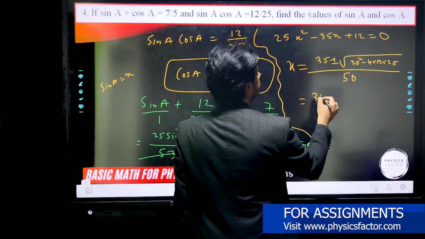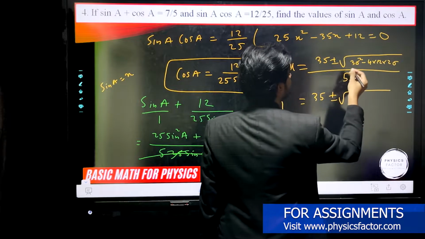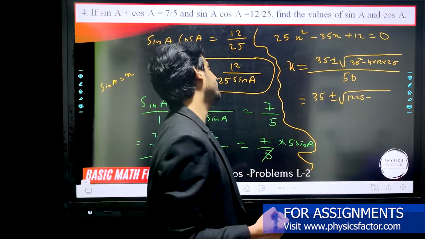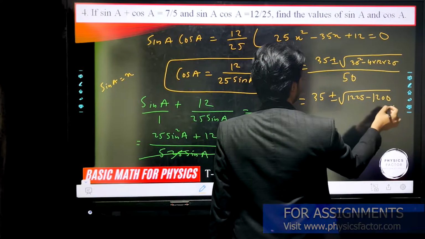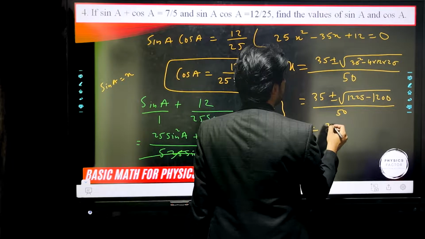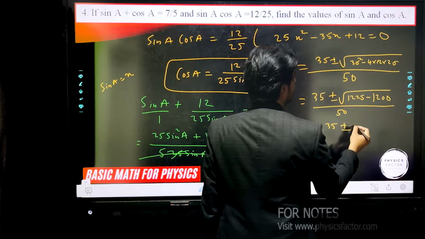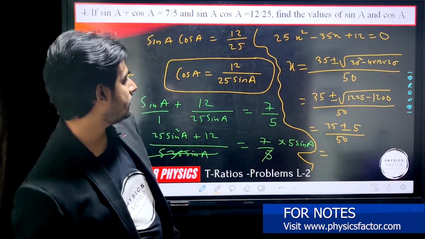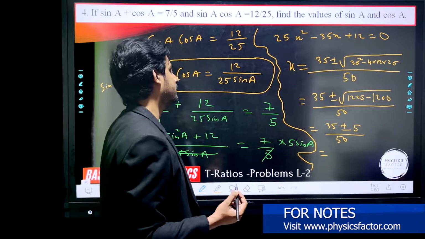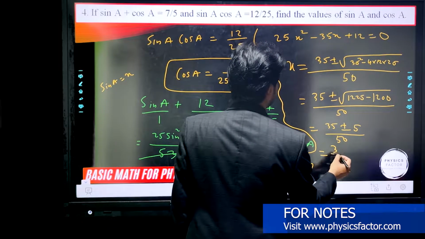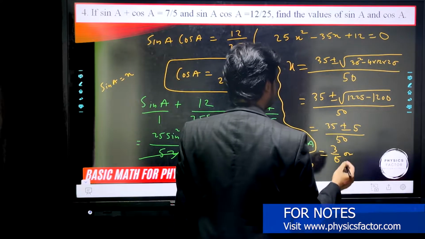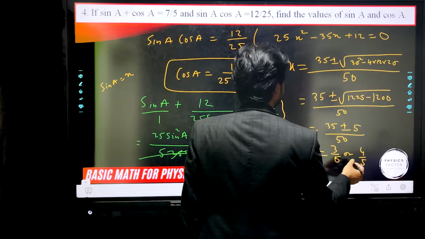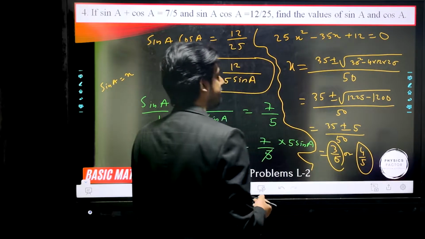So 35 plus minus square root of 1225 minus 1200, upon 50. So this will be 35 plus minus 5 upon 50. So we are getting two values of sin A. One is 30 by 50, so 3 by 5, and one is 40 by 50, so 4 by 5. So one is 3 by 5 and one is 4 by 5.